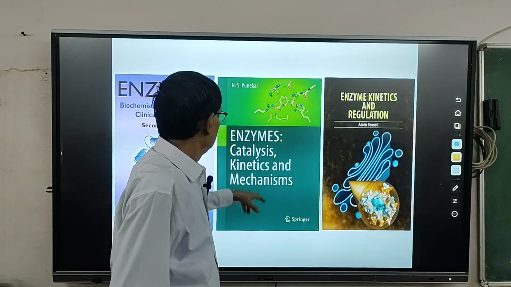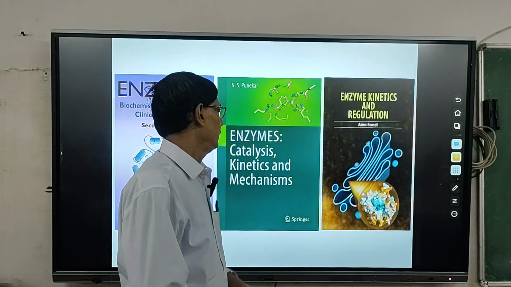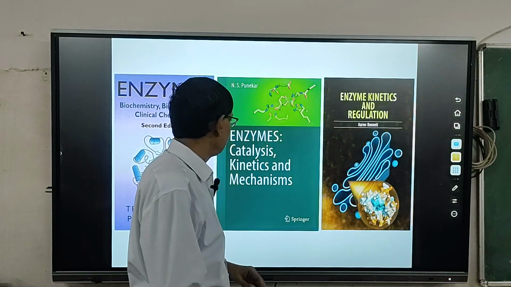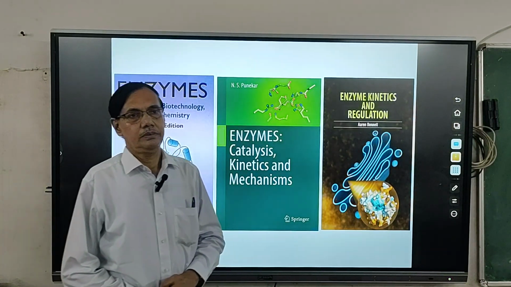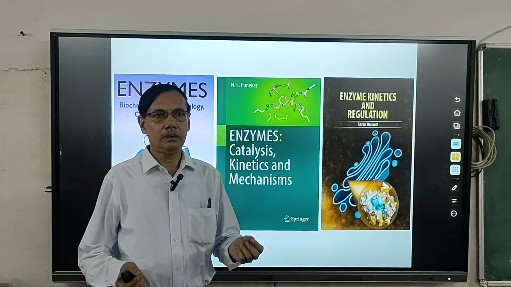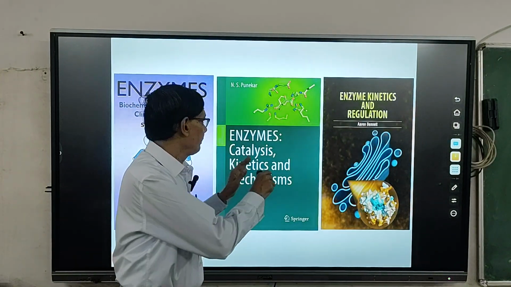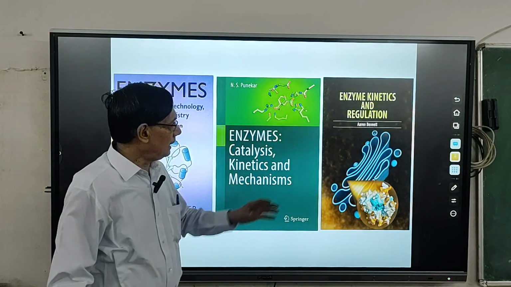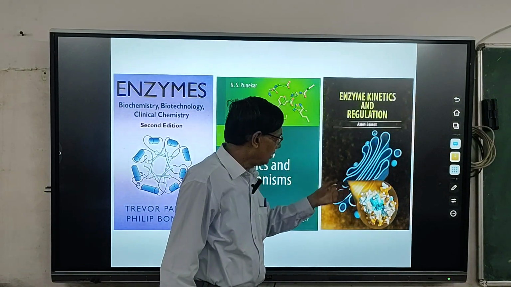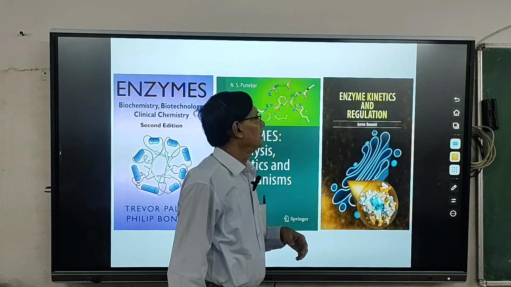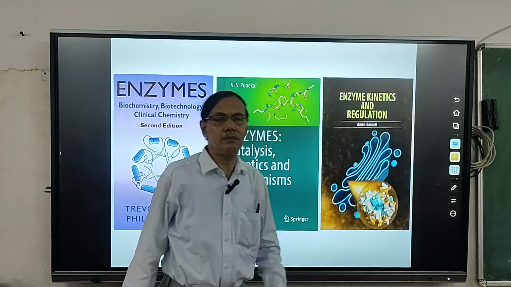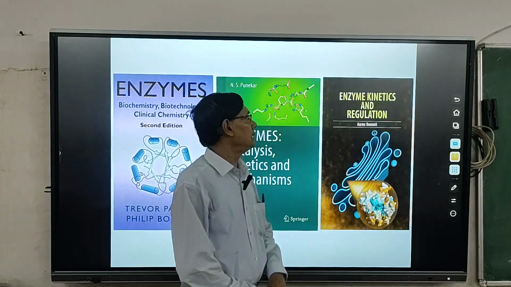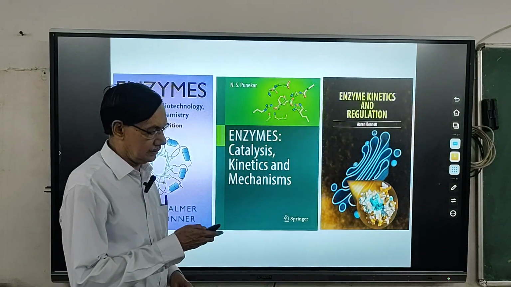And this book is also very important, Enzyme Catalysis, Kinetics and Mechanism, because I will give a trace on the enzyme catalysis or kinetics, and there are some complicated systems. So if you want to learn more about enzyme kinetics and the catalysis of our biological system, you can refer to Enzyme Kinetics and Regulation.